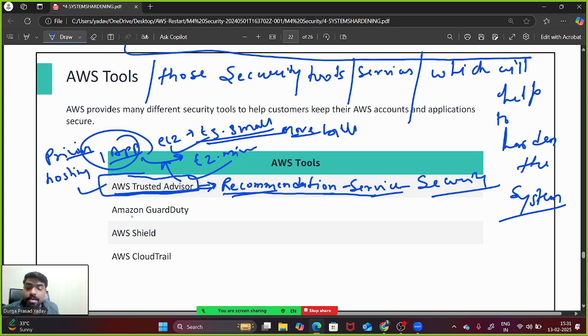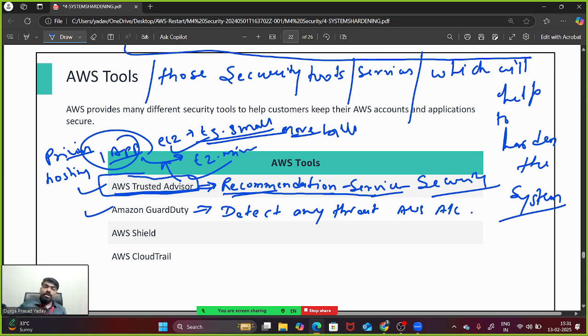Yes, sir. The next one is Amazon GuardDuty. This GuardDuty is basically used to detect any kind of threat in your AWS account. If you are using AWS resources and any kind of threat comes, Amazon GuardDuty will detect that threat.